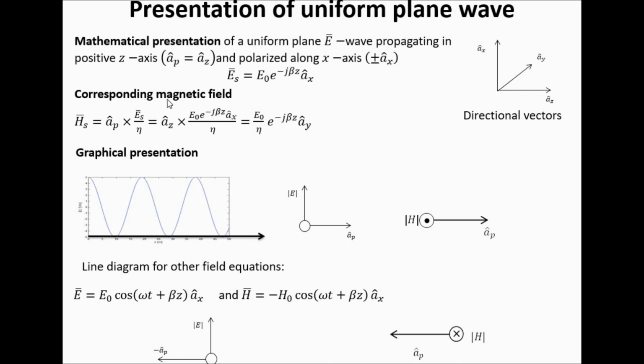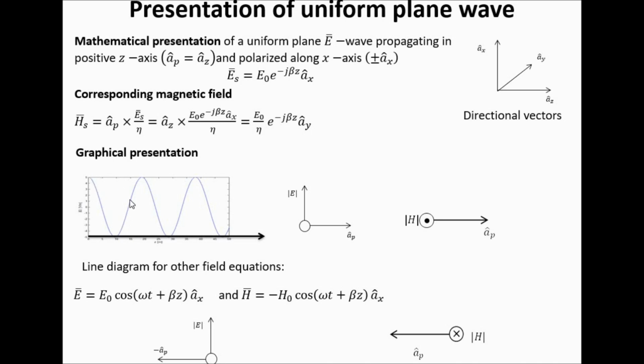If we want to find the corresponding magnetic field, we can use this expression, substitute the E value here and solve, and you will get the magnetic field equation like this. Now these are the expressions for the electric and magnetic fields.